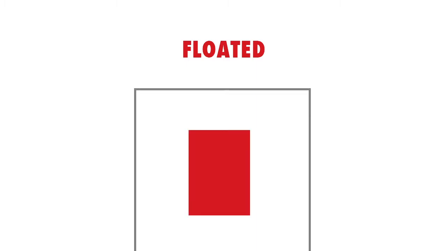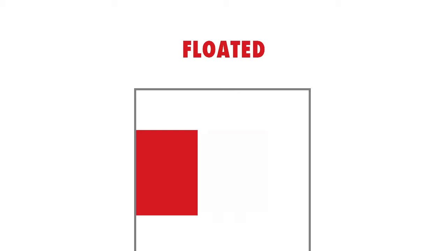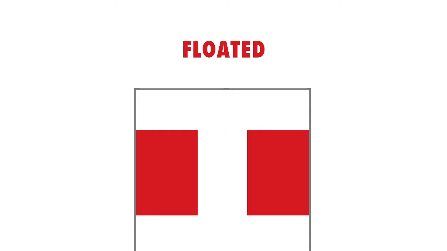Now, probably the most common form of positioning, and we've probably used it in class before you were even watching this, is called floating. And very simply what that means is that you can specify in your CSS code that you would like an element to go all the way to the left or all the way to the right. What's nice about this is it gives you a way of placing your elements in position relative to each other.